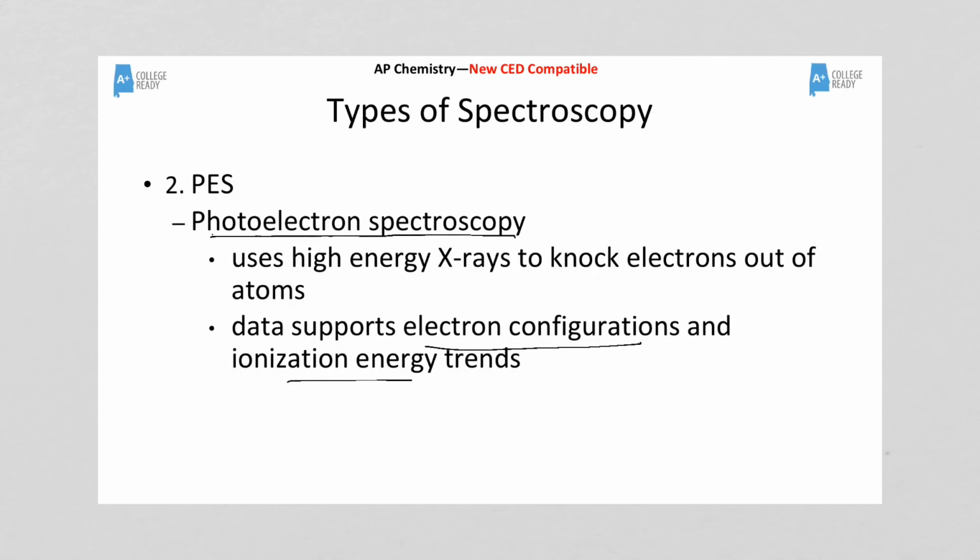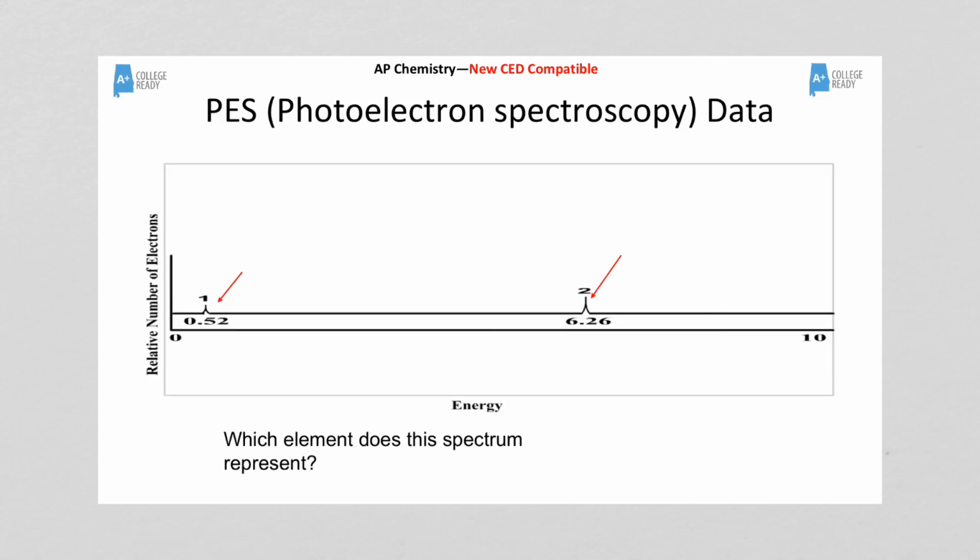We know what energy these X-rays have, and based on the energy the electron has when it's leaving the atom, we can tell: does it have little energy as it leaves because it took so much energy to overcome the attractive force of the nucleus, or maybe this was a valence electron because it didn't take much energy to remove it from the atom. So basically these graphs give us information about where electrons are located and what kind of energy they have.